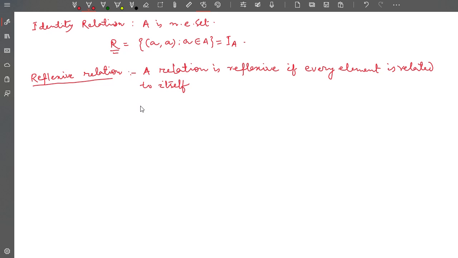That means if a belongs to A, then (a, a) must belong to the relation R.